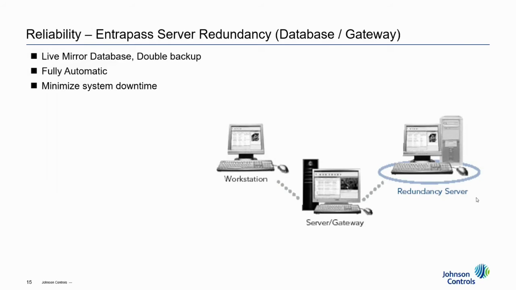But if the site is very big, you will require more than one gateway, and that's where we also have a redundancy for the gateway besides just the database. This ensures minimal downtime if any gateway or the server crashes, and the failover is entirely automatic.